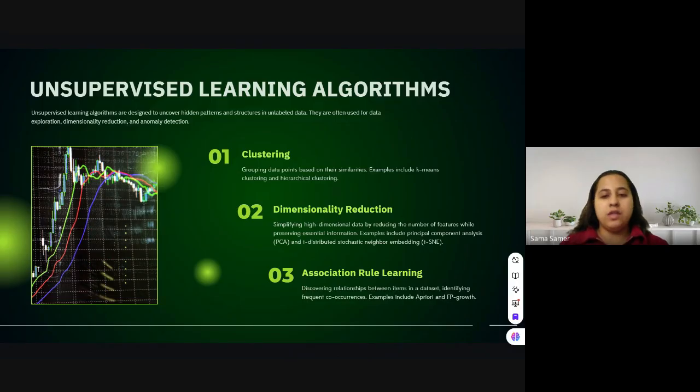We have three things in it. Clustering. Clustering means grouping the data points based on their similarities, such as k-means or hierarchical clustering. Dimensionality reduction, and we have talked about this in the last session. It is about high dimensional data. High dimensional data comes from how many features we have here.